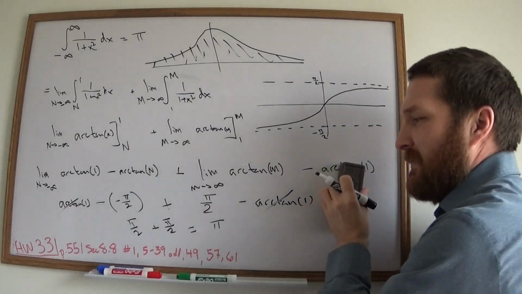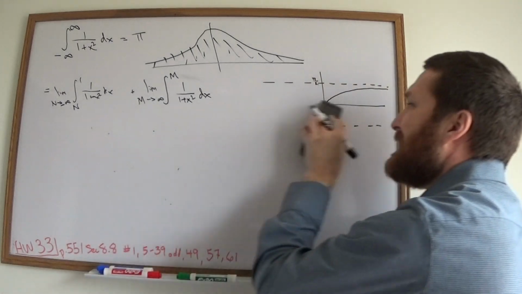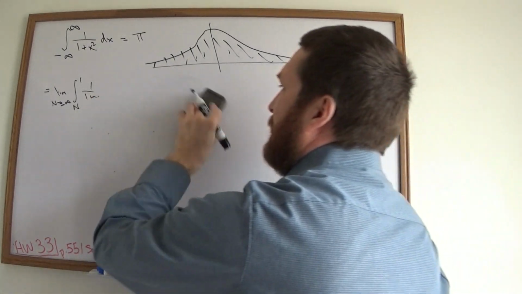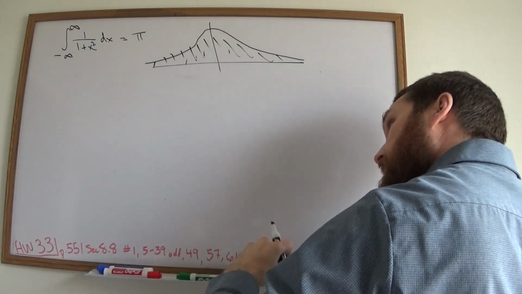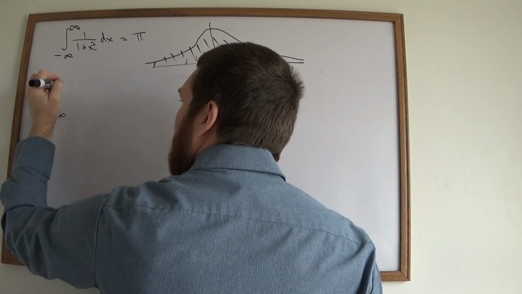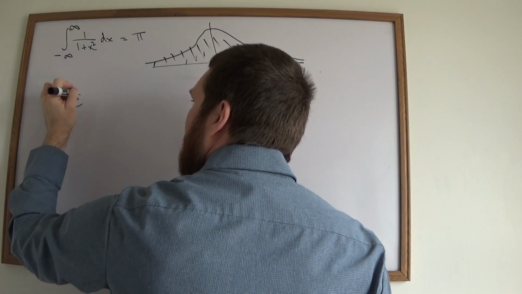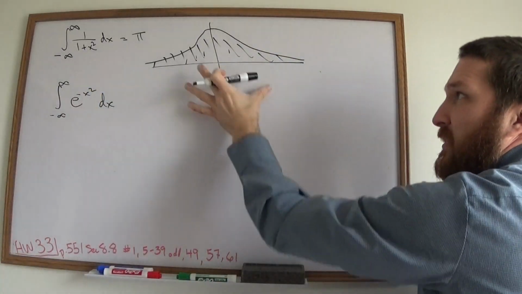Now we cannot do this one. You need at least multivariable calculus to be able to do this one. It might actually be in your book somewhere. But negative infinity up to infinity of e to the negative x squared dx, which is a bell curve, an actual bell curve.